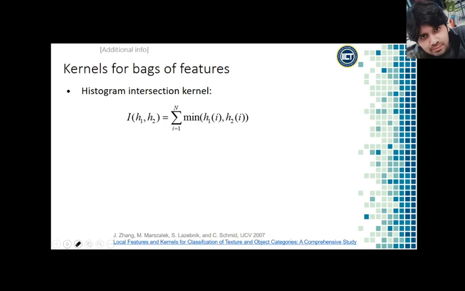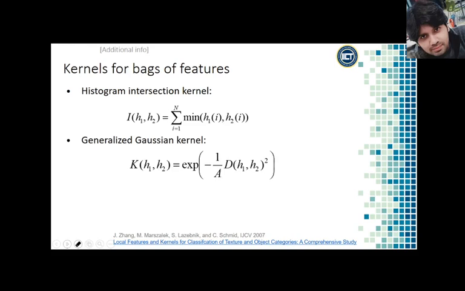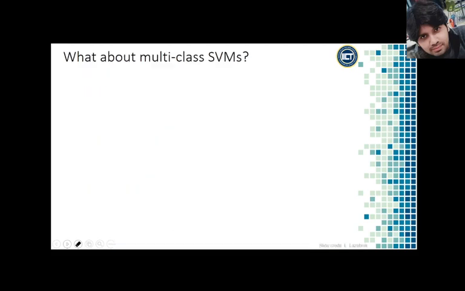There is another, the generalized Gaussian kernel, which looks like this, and for the distances you can actually use Euclidean distance, chi-square distance, and many other distances. For further detail you can check out the paper Local Features and Kernels for Classification of Texture and Object Categories.